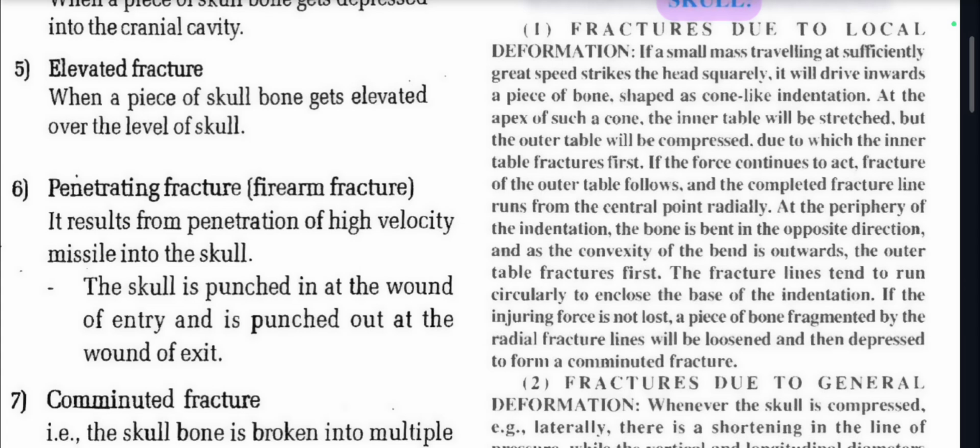So at the end of the periphery of that force, the fracture would be facing outwards. That is why they say at the periphery of the indentation, the bone is bent in the opposite direction, and as the convexity of the bend is outwards, the outer table fractures first. In this entire para, they just talked about the direction of the force. You just imagine a small bullet is hitting the outer layer of the skull, and then you can write.